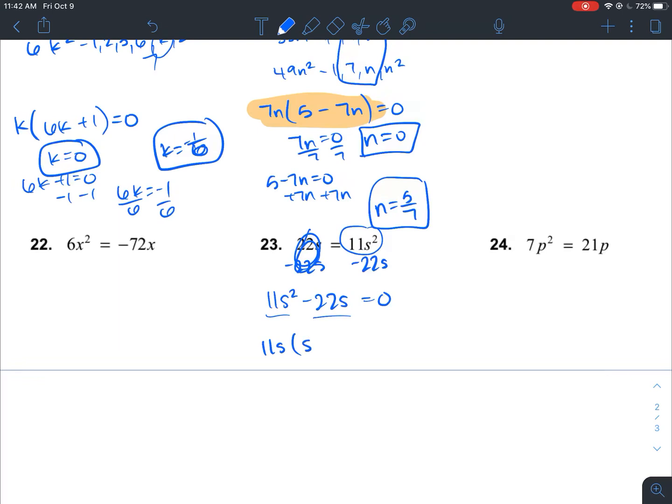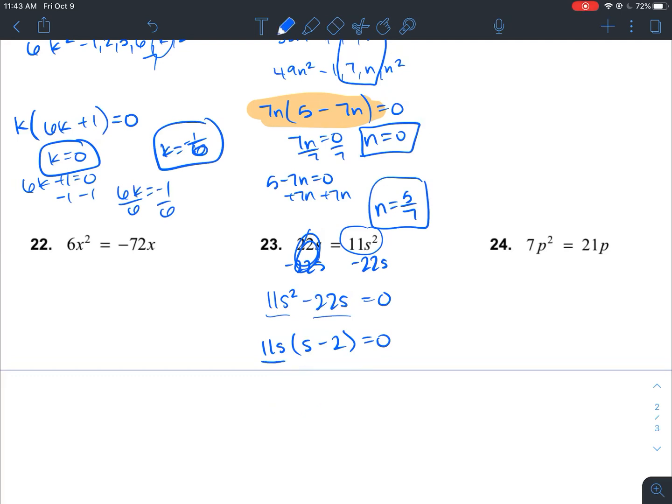And then if I take 22s and divide that by 11s, then I'm going to be left with 2. So again, if I want to check my work, I can distribute that, and then I'd get 11s squared minus 22s. And that's the same thing as we had before, so therefore I did factor correctly.